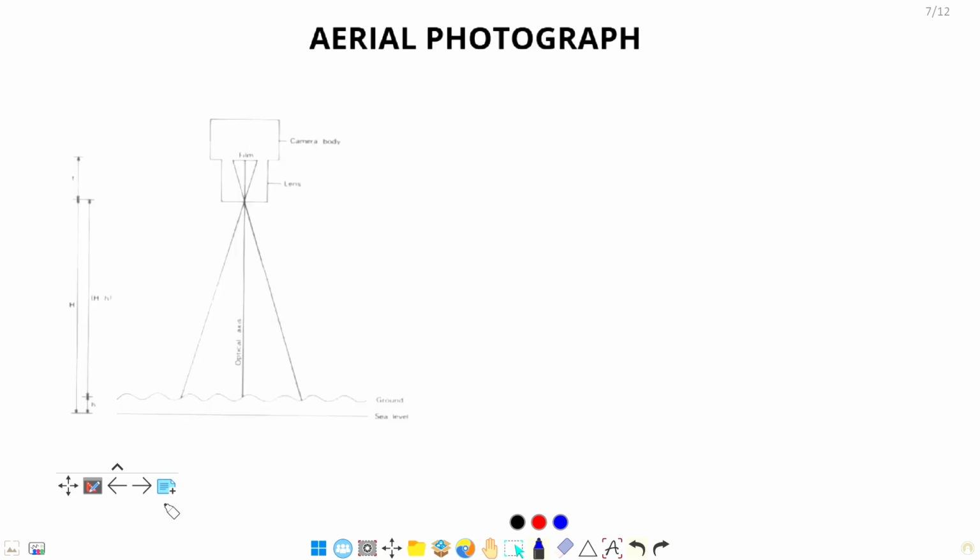Now moving further, this diagram shows how a camera is used for capturing a photograph. You can see here the optical axis of the camera, it is targeting some area on the ground. You are seeing one side view only, so the area is shown in 2D.